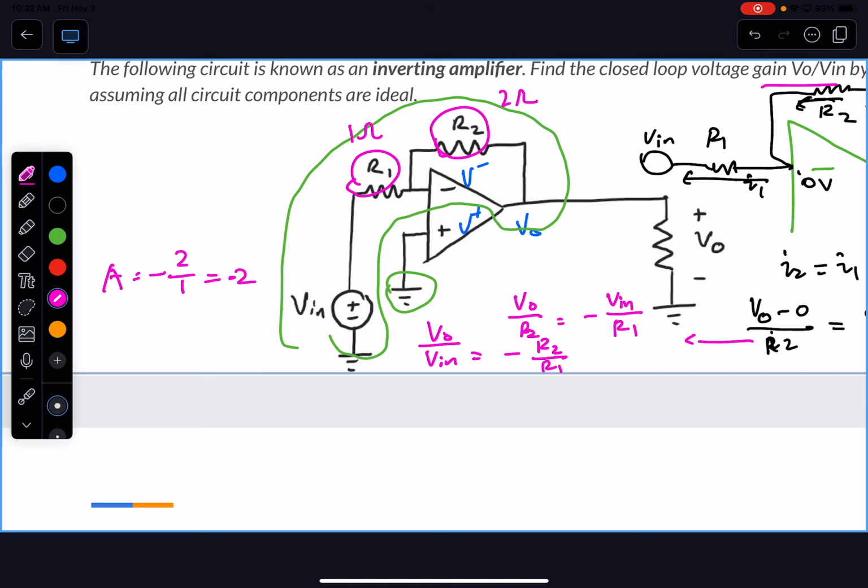You're doubling the signal strength, but flipping the sign. Does that make sense? And if you define your R1 to be 0.5 ohm, then it actually becomes 0.5 over 1, giving you negative 0.5. So you halve the signal strength and you're flipping the signal.